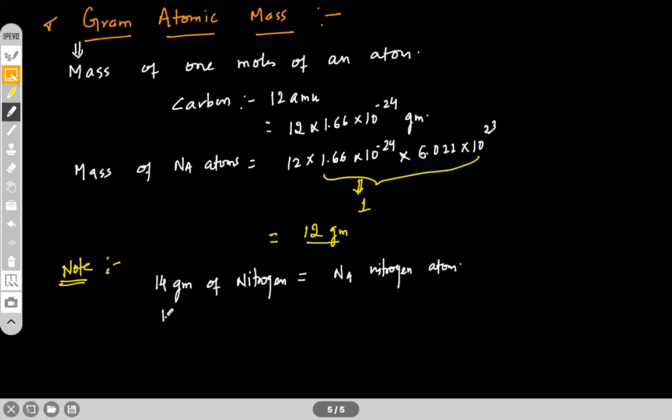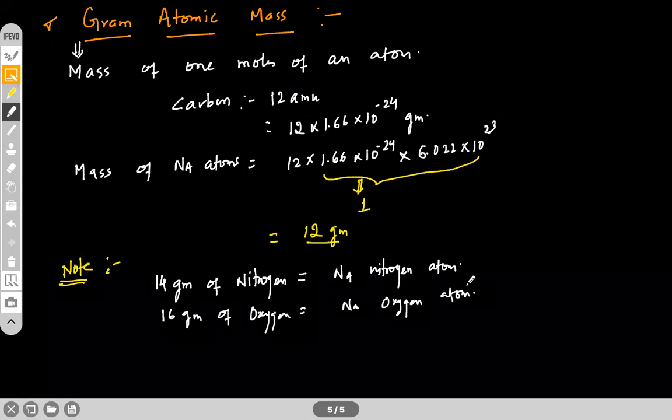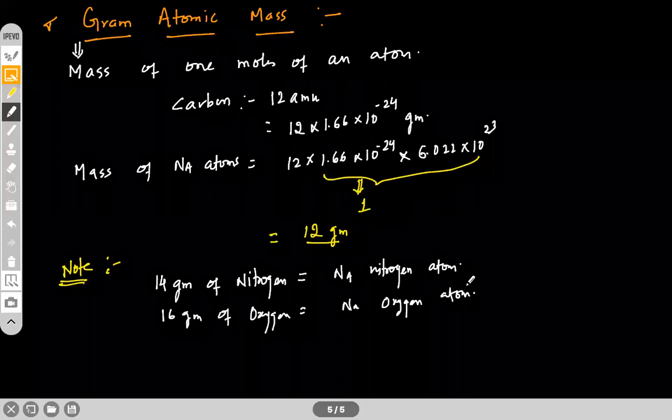If you take 16 gram of oxygen, then again Na oxygen atoms, and so on. So even if the atoms are different, if you take the atomic mass of those atoms, all these elements have an equal number of atoms, and that number is the Avogadro number. Clear, all of you?